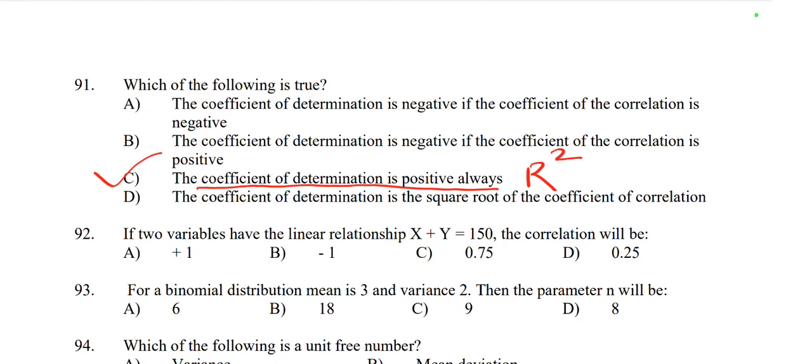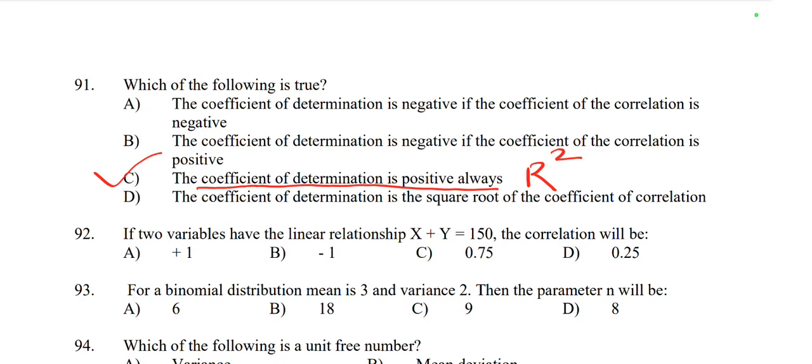Here it is the square of the correlation coefficient, R square. Since squaring any real number, whether it is positive or negative, results in a non-negative value, the coefficient of determination is always positive or 0, but never negative.